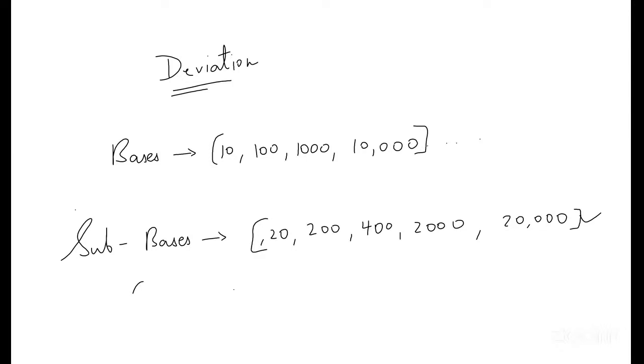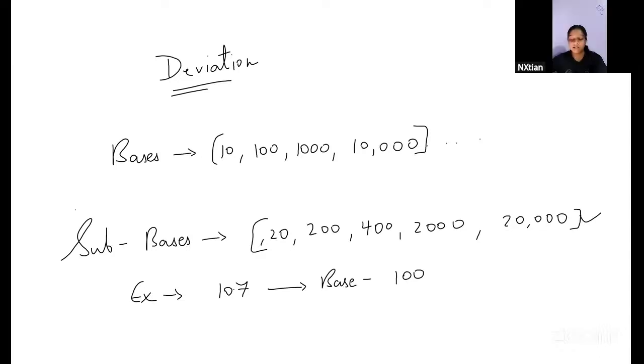For example, if I write 107, in 107, what is the base? 100. I explained how to take the base, right? The nearest 100 or the nearest 200 or 400 or any sub-base that is the closest, that we take as the base. Now in 107, base is 100.